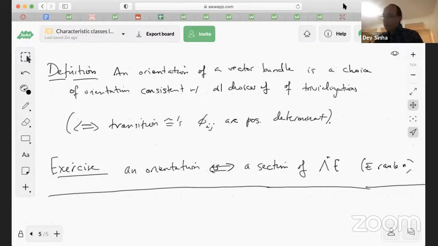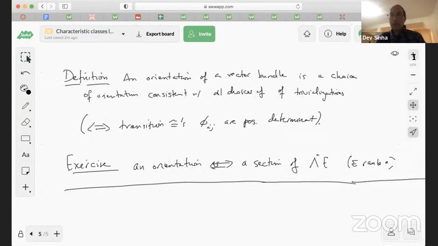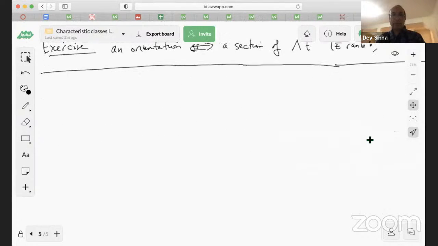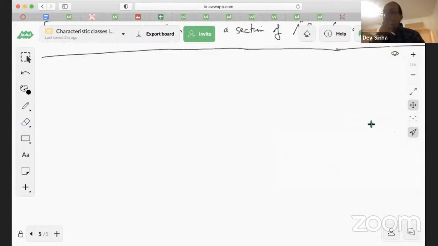So what's the kind of conceptual hook, so to speak, here? The way I like to think about it is that chains are very concrete objects. So chains are concrete. They're small sometimes.